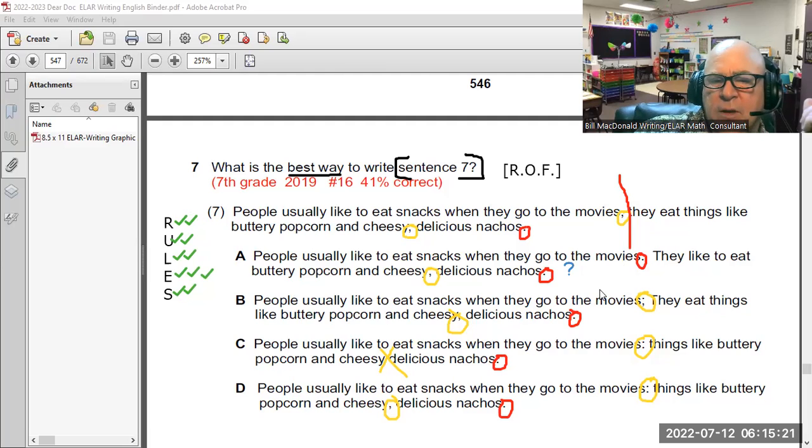Letter B, capital. People usually, capital, let me make that more emphatically, usually like to eat snacks when they go to the movies. Semicolon. They eat things like buttery popcorn and cheesy, delicious nachos.